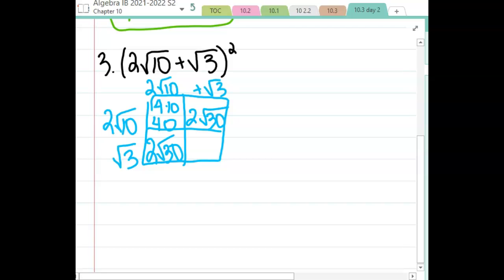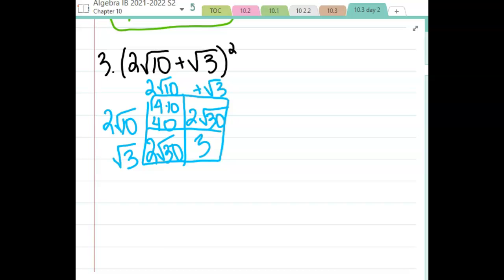Those two boxes are always going to be the same. And for the last box, I'm taking the square root of 3 times the square root of 3. Anytime I multiply a square root by itself, remember what happens. What is the square root of 3 times the square root of 3? Just 3. Square root of 9, which is 3.